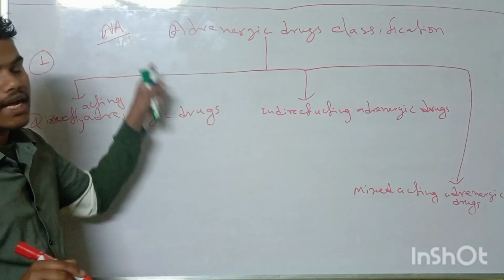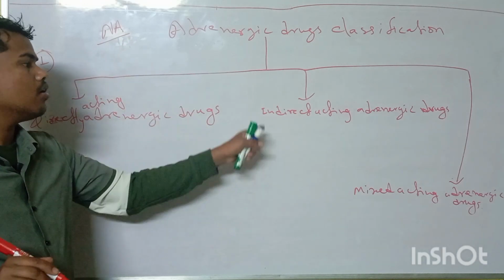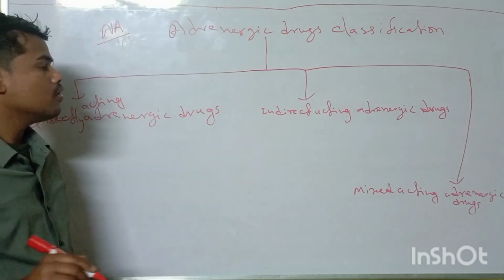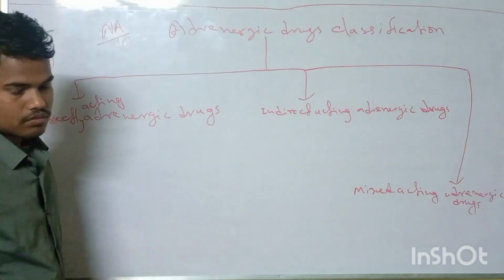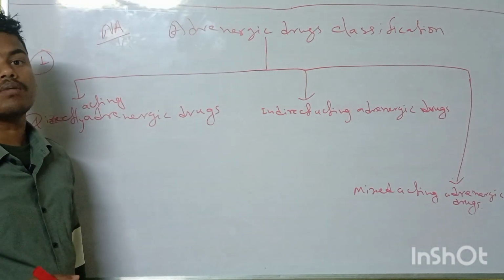Through the circulation, they act on all cells and tissues that should be activated during sympathetic nervous system activity.